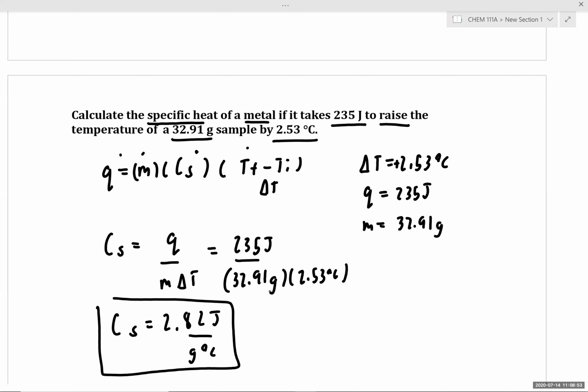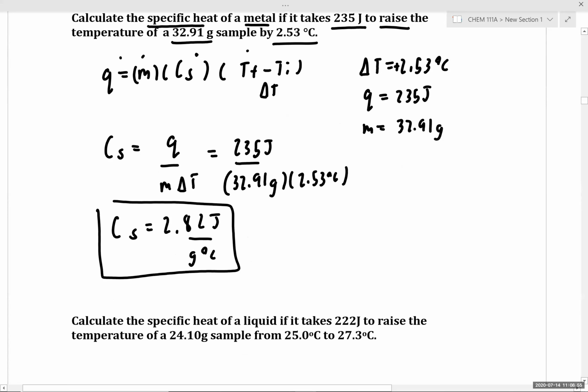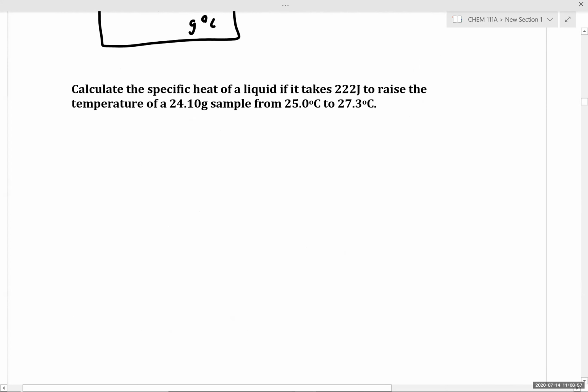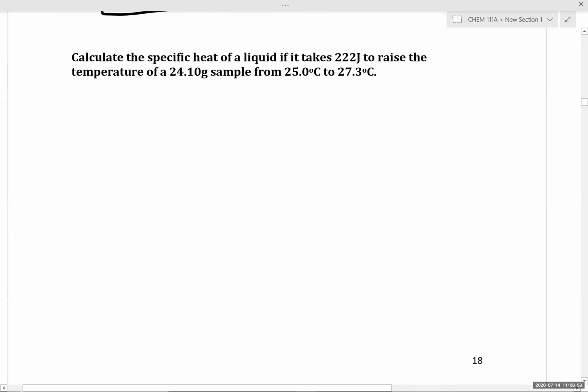So let's really apply this idea, and let's try to apply this concept to a new problem. I'd like you to calculate the specific heat of a liquid if it takes 222 joules to raise the temperature of a 24.1 gram sample from 25 to 27.3 degrees Celsius.